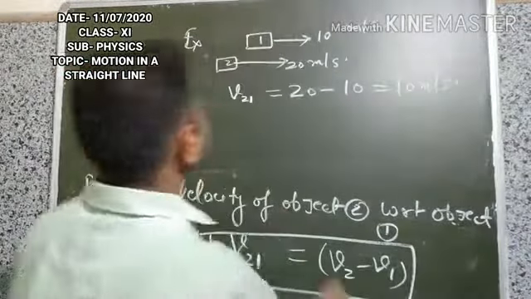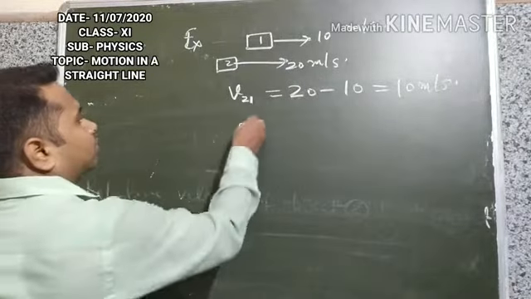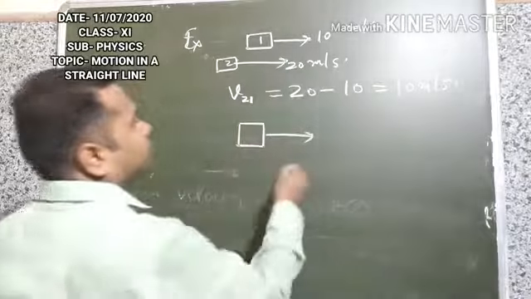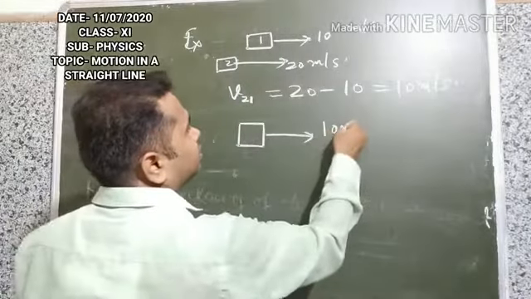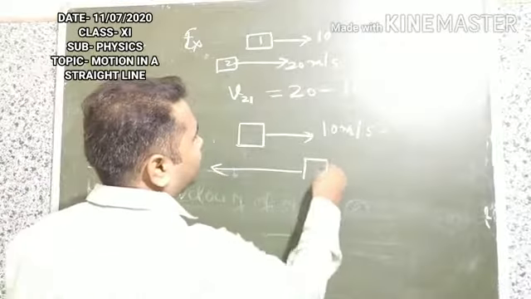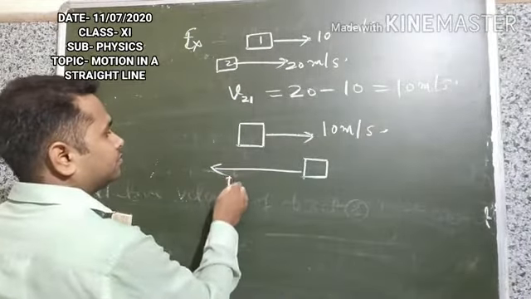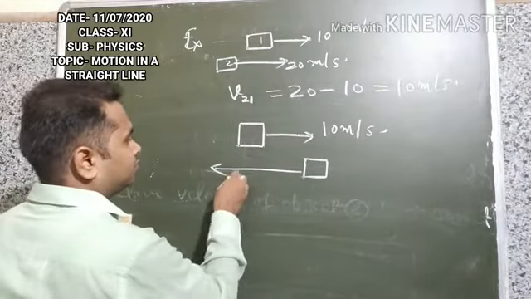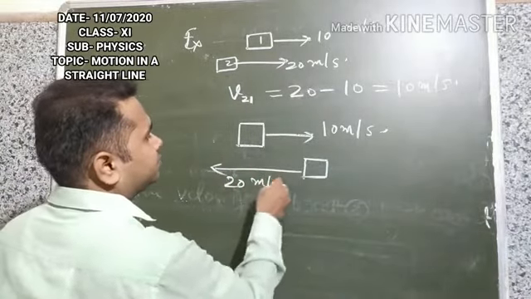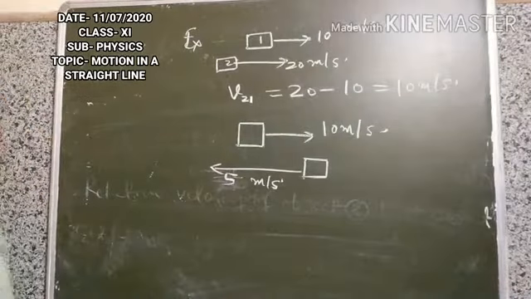Now see here again, second example. First object moving with velocity, suppose 10 meter per second. Second object moving along the opposite direction with speed, suppose less than 10, 5 meter per second.